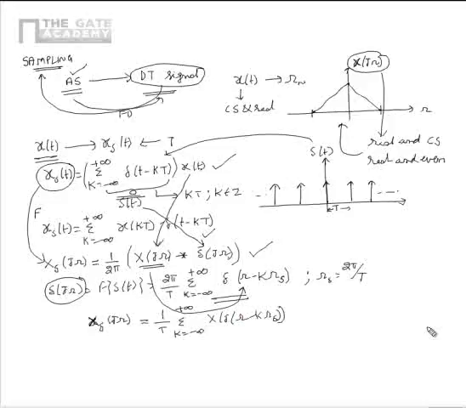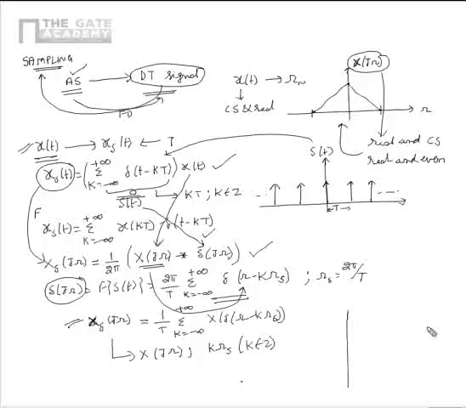From this we can say that after sampling, the signal x of t will get modified as xs of j omega, where xs of j omega will have the replicas of x of j omega separated by k into omega s, where k belongs to z.